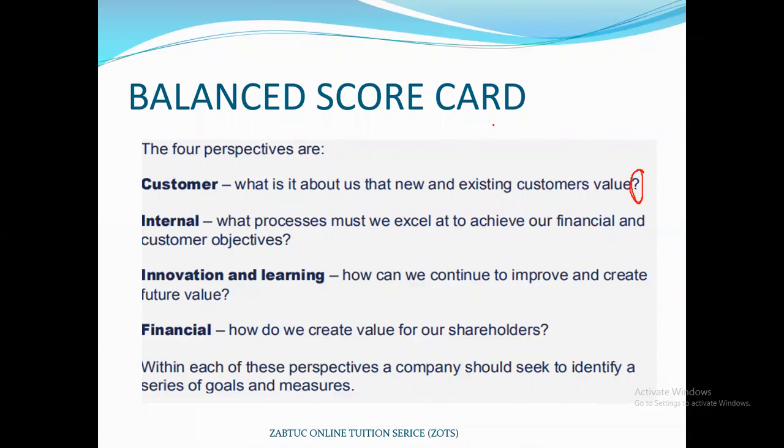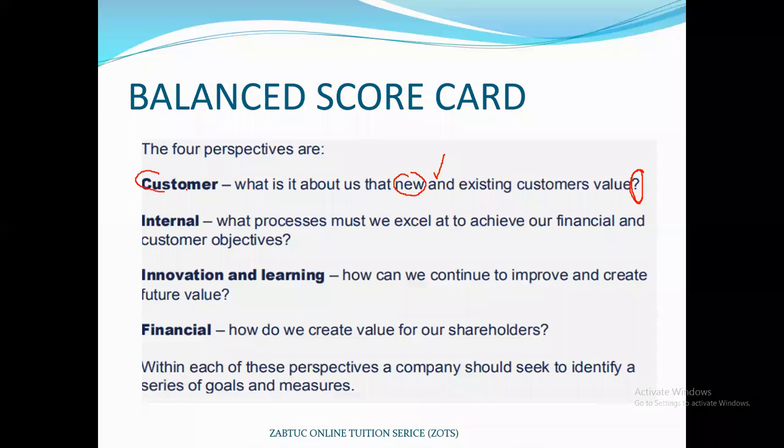What is it that customers value? The new customers. So that's the question that we want to address. What are the aspects of performance? So we need to identify those aspects of performance.